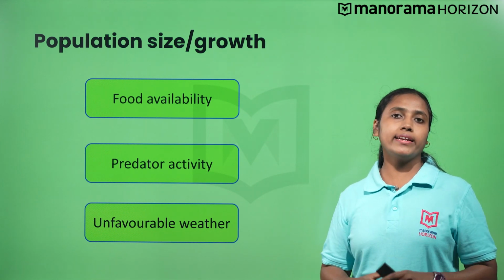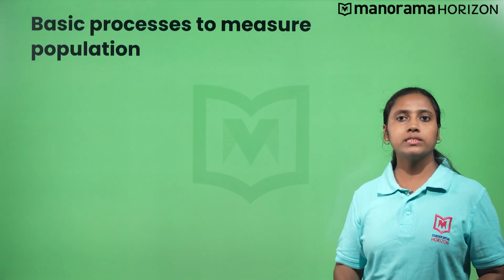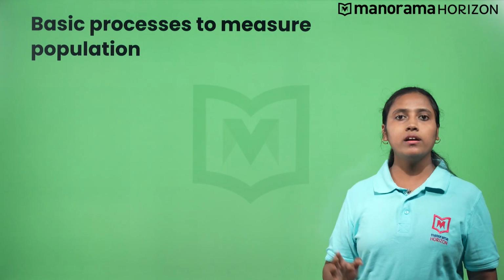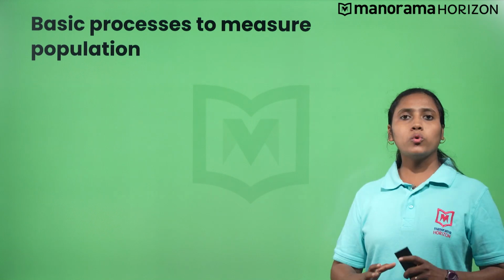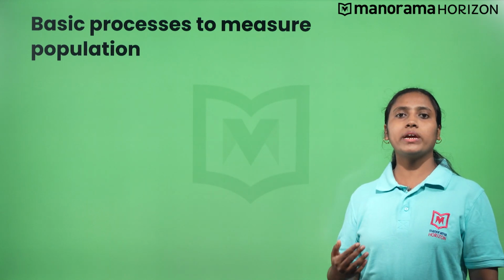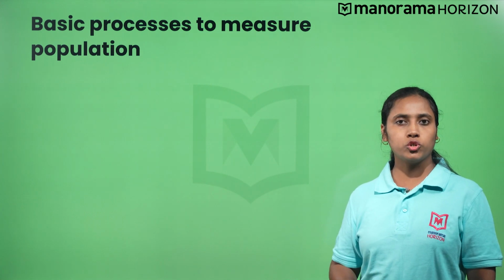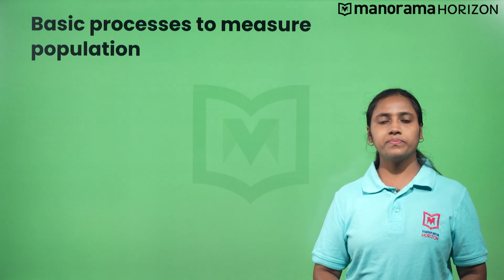Whatever the underlying cause may be, there are 4 basic processes that determine whether a population of a particular area is increasing or decreasing. 2 of these processes lead to an increase in size and the other 2 lead to a drop in population. Can you name the processes?